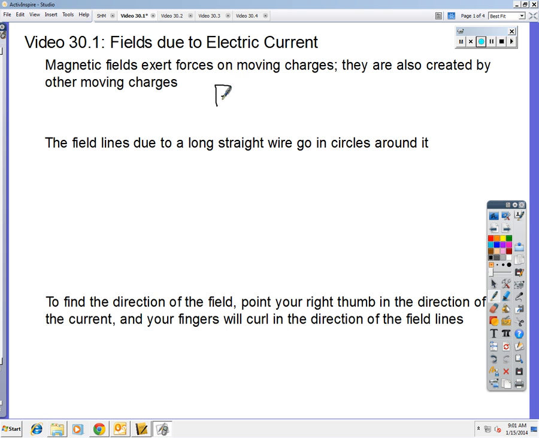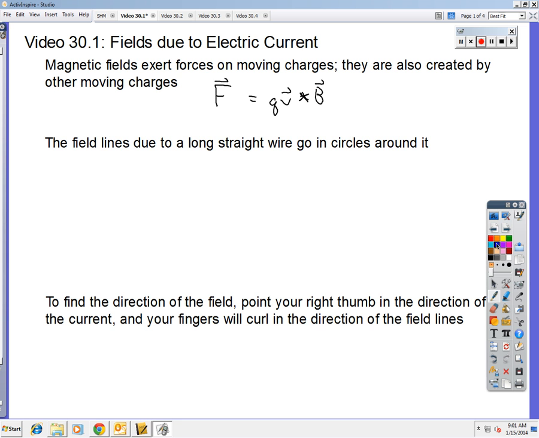The equation is magnetic force equals QV cross B. But it turns out that magnetic fields are also created by other moving charges. Just like electric fields are created by charged particles and exert forces on charged particles, magnetic fields are created by moving charges and exert forces on other moving charges.